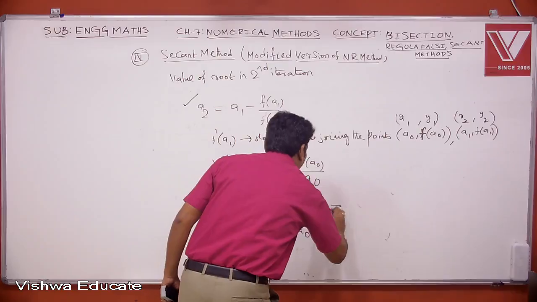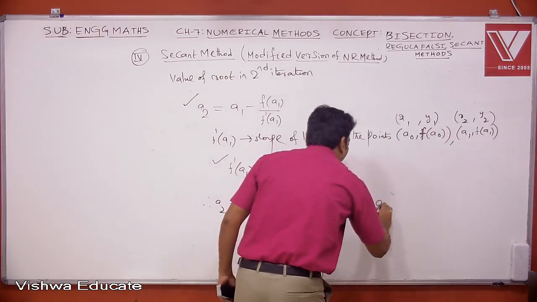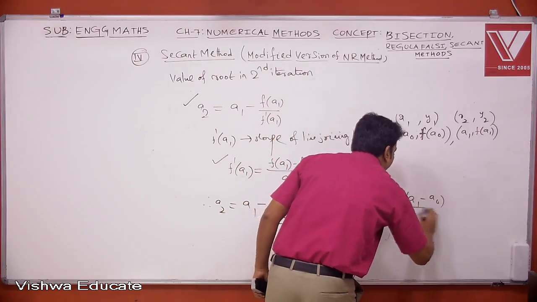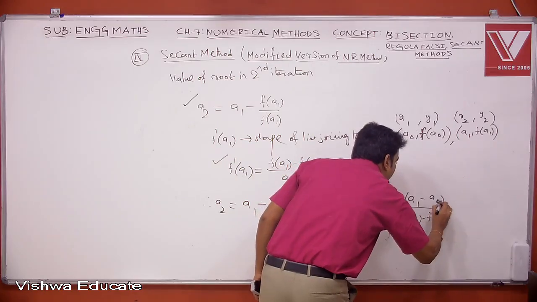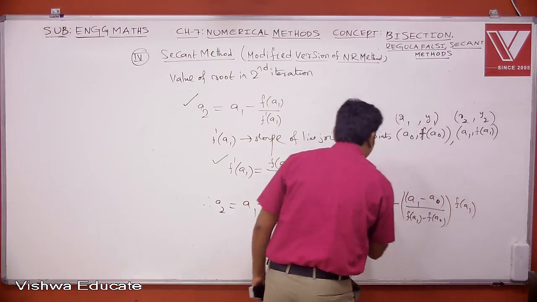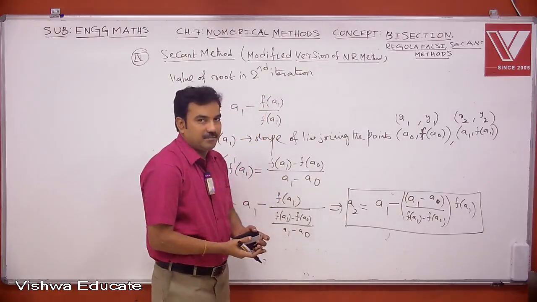Therefore a2 is a1 minus a1 minus a0 divided by f of a1 minus f of a0, into f of a1. So this is the value of root in the second iteration in the case of the secant method.